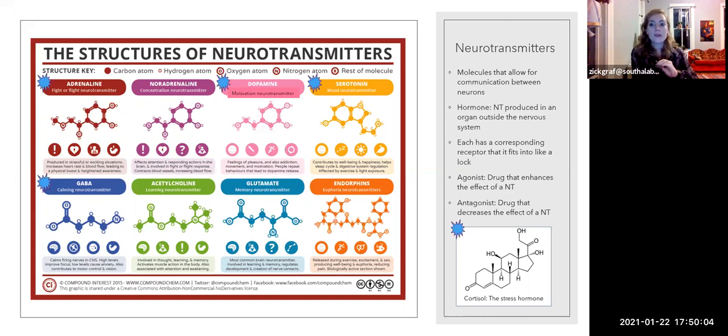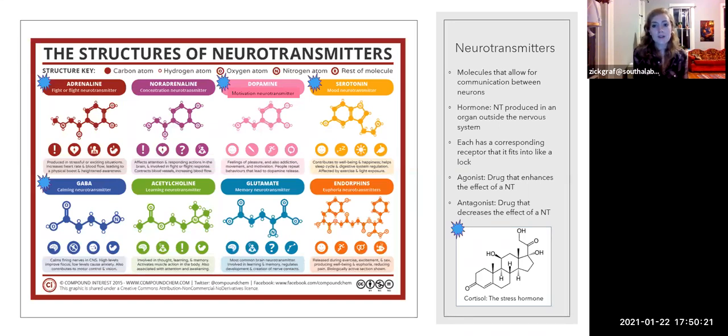So when we intentionally produce or use an exogenous molecule that interacts with a receptor to enhance the effect that the naturally produced neurotransmitter would have, we call that an agonist.